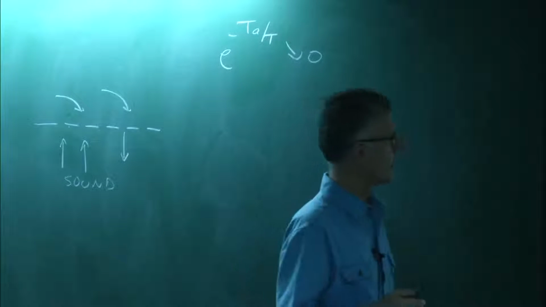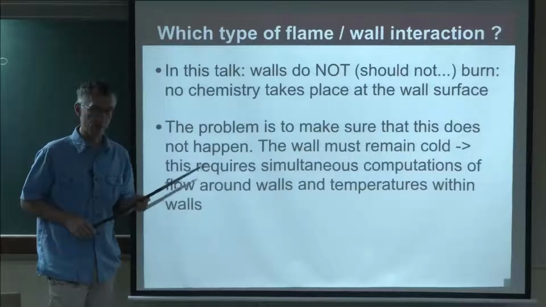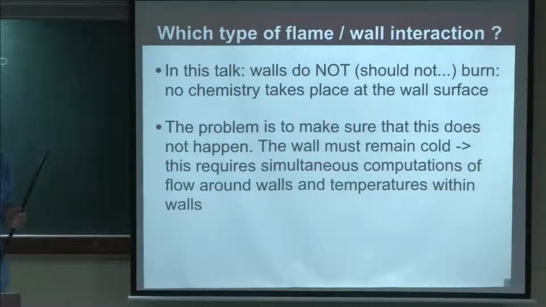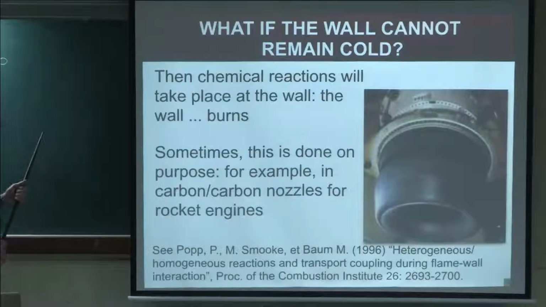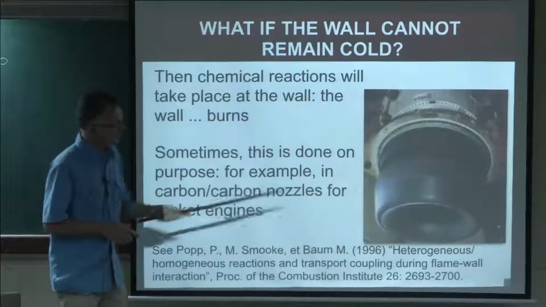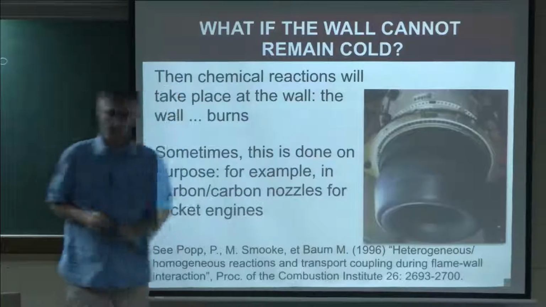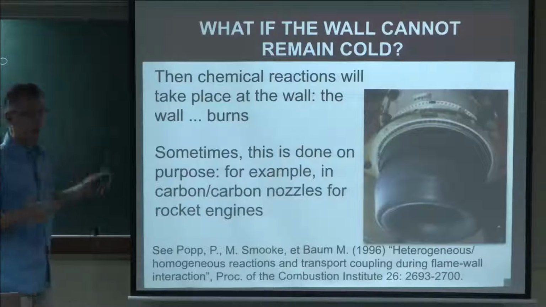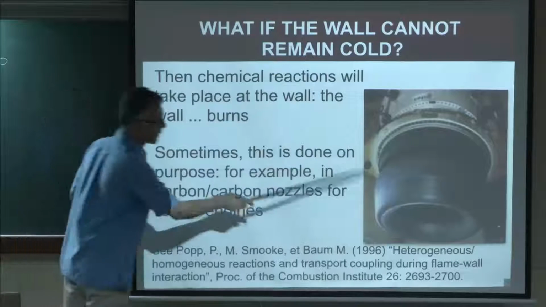And that normally should not happen. Okay? In a piston engine, in a gas turbine, normally you don't want the wall to start burning. But there are cases where you do, actually. In rocket engines, you use the combustion of the walls themselves to slow down the process. And it's actually the only way to be able to handle such a flow.